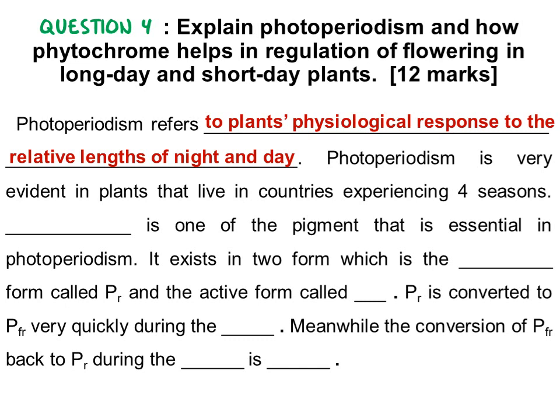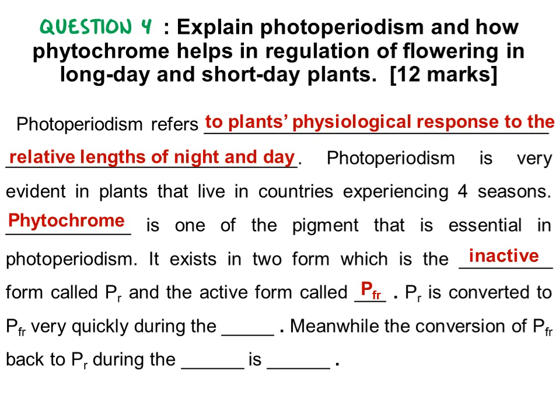What is one of the pigments essential in photoperiodism? The answer is phytochrome. It exists in two forms: PR, the inactive form, and the active form called PFR.